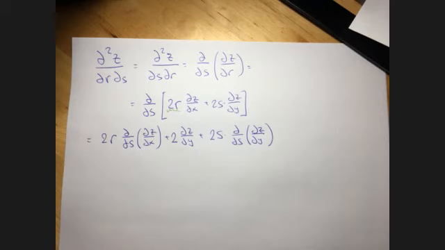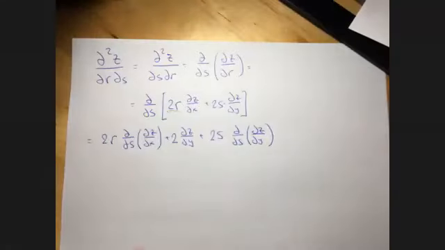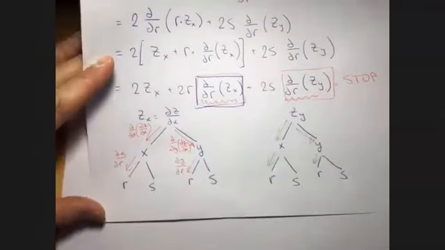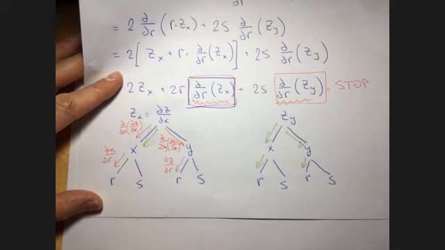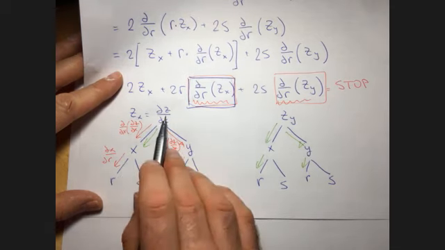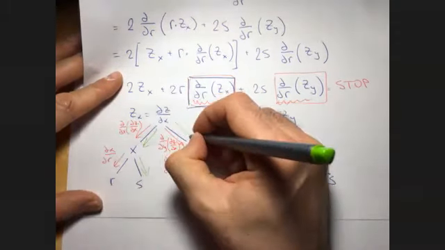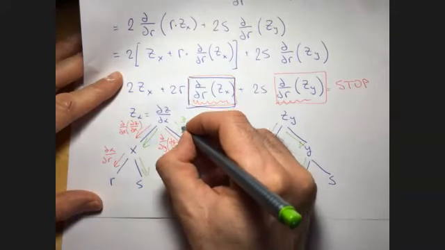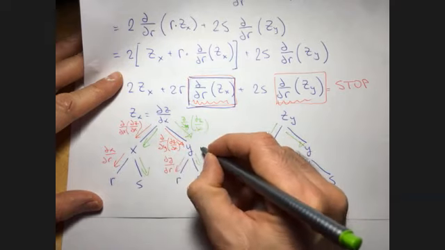Now I'm going to bring this diagram back. First I want partial z partial x, but now I want the derivative with respect to s. So that's going to be the derivative with respect to x of partial z partial x, times partial x partial s, plus the partial derivative with respect to y of partial z partial x, times partial y partial s.